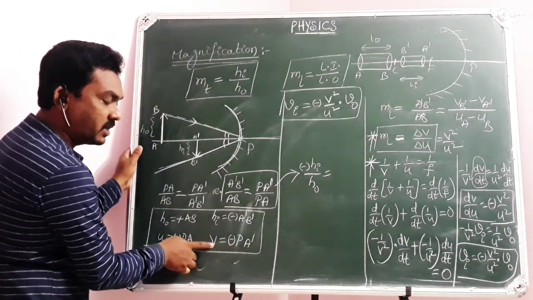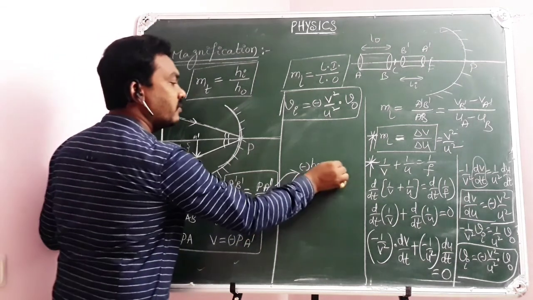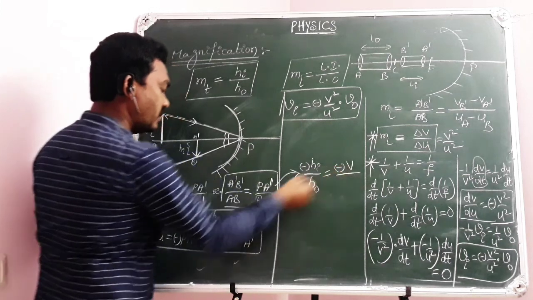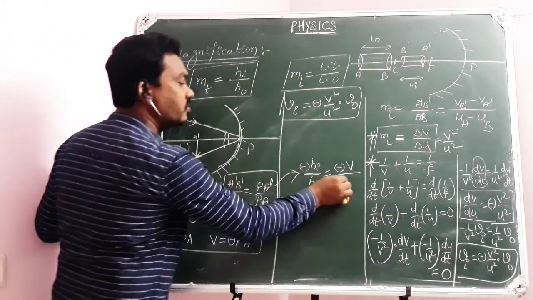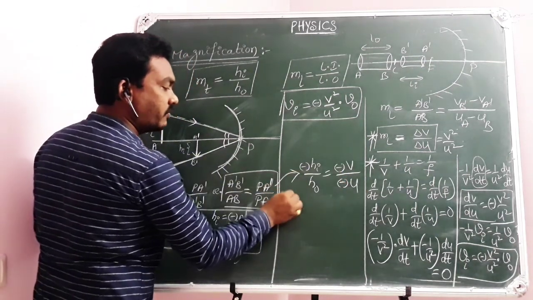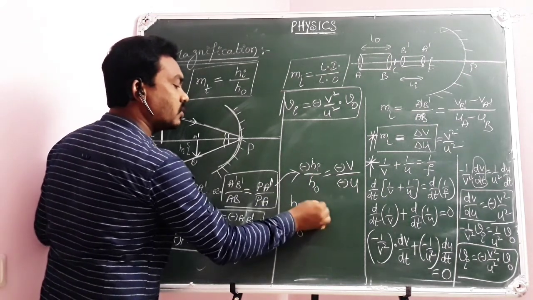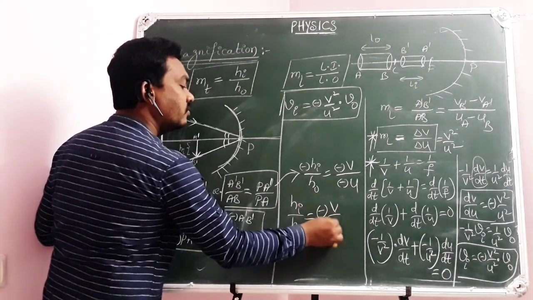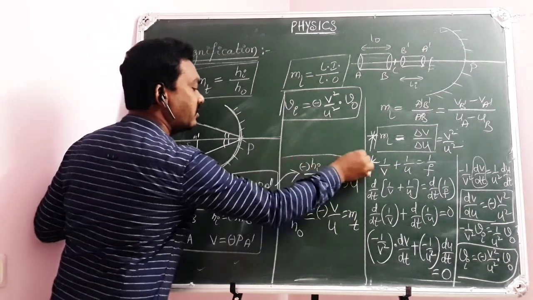I can write minus V because V equal to minus PA', then PA' equal to minus V. By PA, U equal to minus PA, then PA equal to minus U. Then here minus minus cancel, one minus is left. So size of image by size of object equal to minus V by U, which is the transversal magnification. This is the derivation.